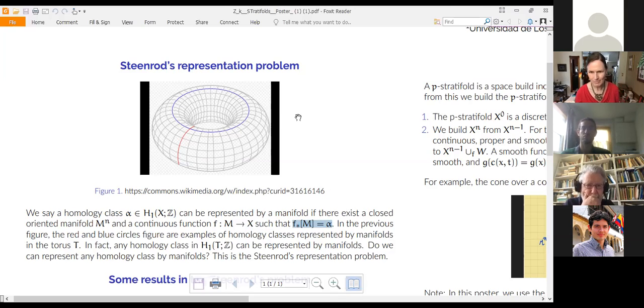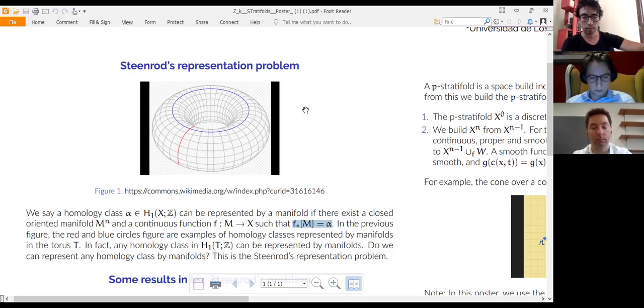In this picture, you can see a pair of homological classes that can be represented by a manifold. The red circle and the blue circle are homological classes that you can represent by manifolds in this sense. And the standard question is, can you represent all homological classes by manifolds?